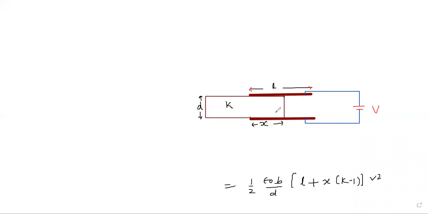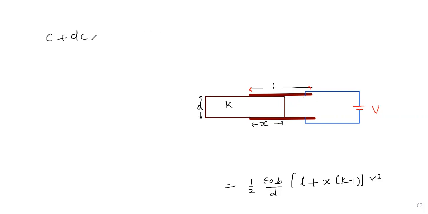Suppose due to the electric force, a further dx portion of the dielectric moves inside the capacitor, then the capacitance of the total portion inside will be C plus dC.